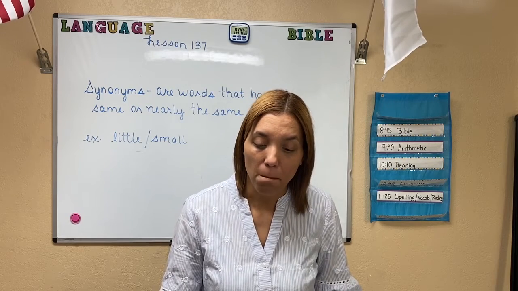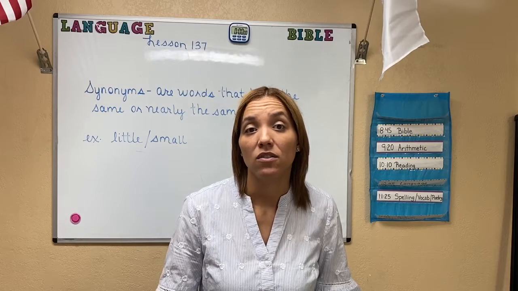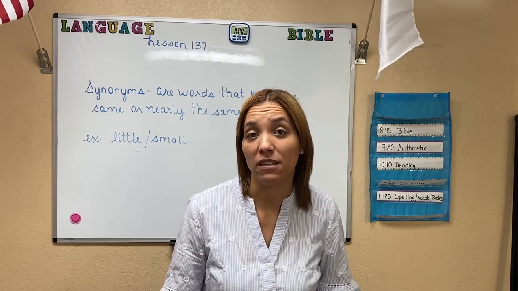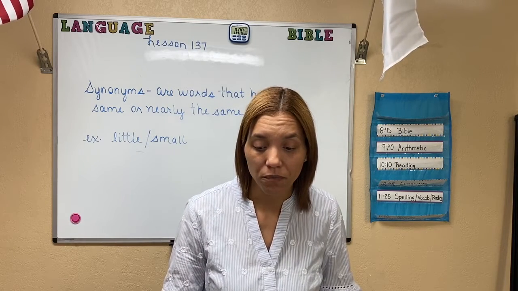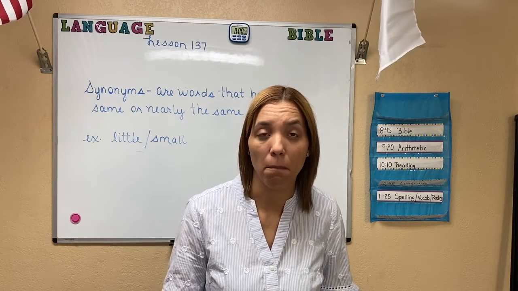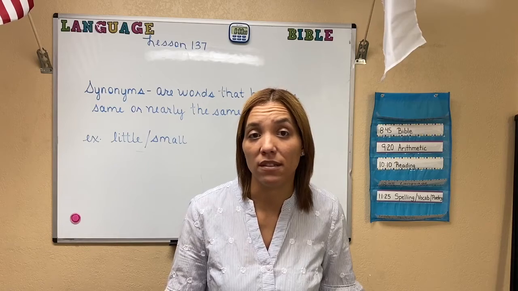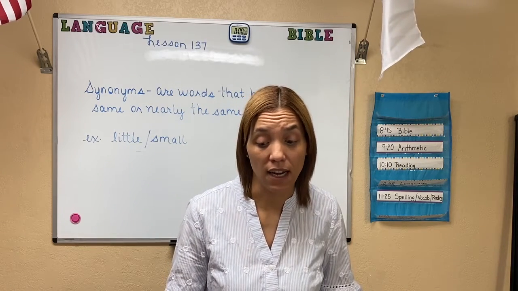Number 9, meat, beef, or T-bone steak. So it's going to be T-bone steak because it's telling you specifically what type of meat it is. Number 10, lilac, flower, blossom. Number 10 would be lilac because it's telling you specifically what the flower is. It's a lilac.